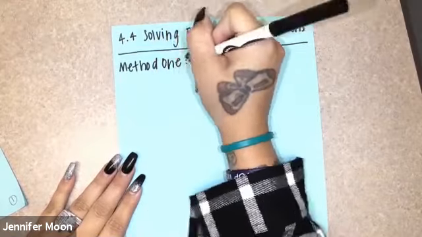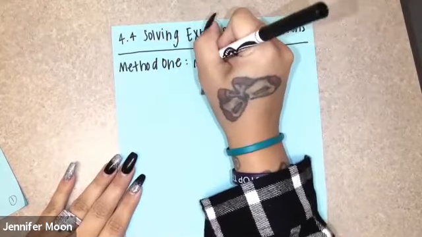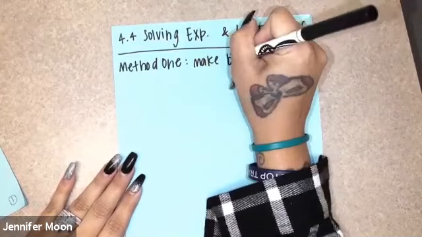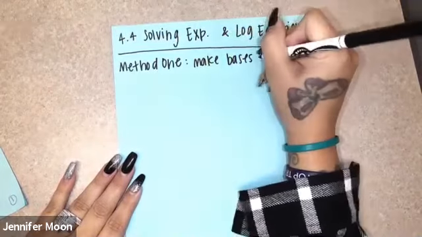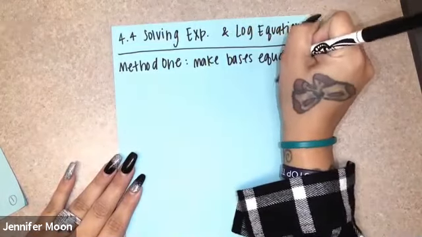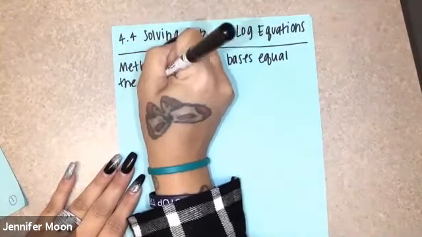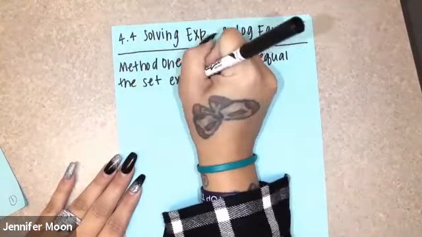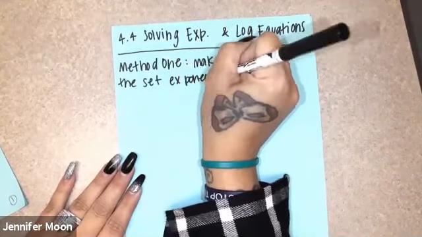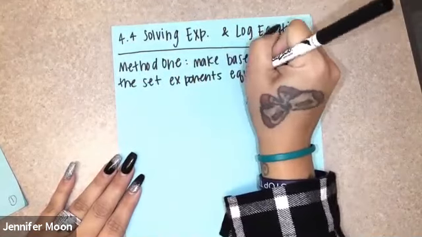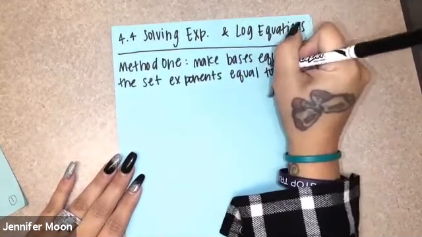is when you have it in this exponential form, and what we're going to do is make bases equal, then set exponents equal to each other.